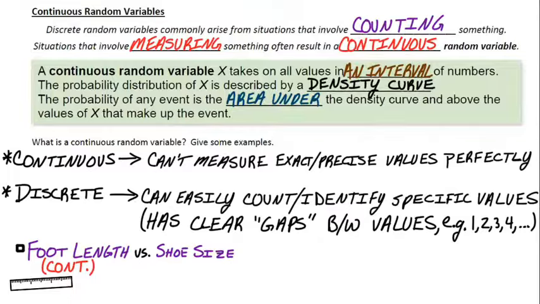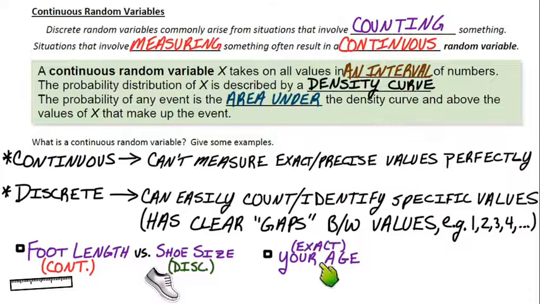Whereas shoe size, we put people into categories, right? That's a discrete random variable. You're either a size 8, maybe 8.5, 9. So that would be a discrete random variable. But things that require measurement, those are continuous. How about your age, your exact age, I'm talking about like the minute and the second, versus how many birthdays you've had.